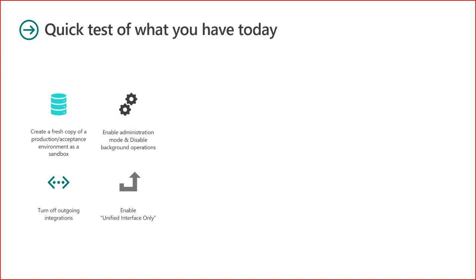Since we are recommending you to work with a copy of the production or acceptance environment, it's also very important to keep in mind that this environment can contain some processes and integrations. So for example, server-side synchronization or some of the outgoing integrations with your on-premise systems, which as soon as you create a copy of that environment can cause some disruptive changes for you.